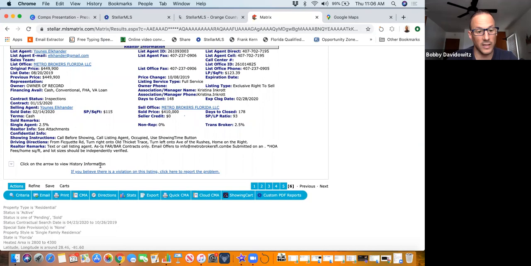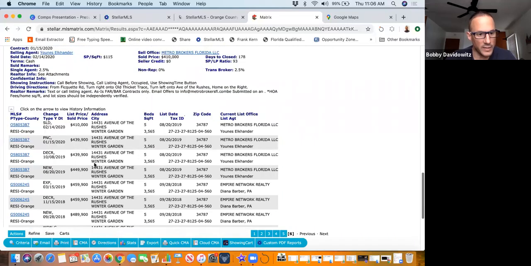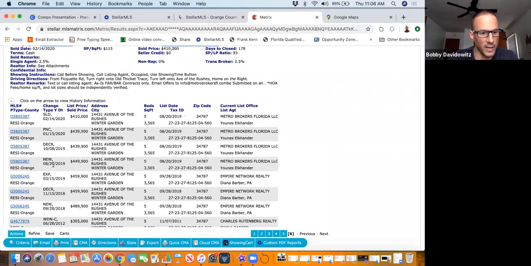You can actually look at the information in the history of the property here. We can see that it went on the market new on August 20th, 2019. There was a price decrease 2 months later to $439. After that, it still took another 3 months for it to go pending, and then it sold at $410.